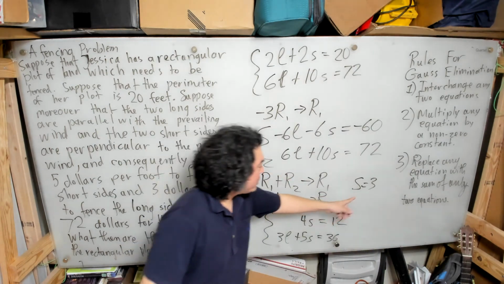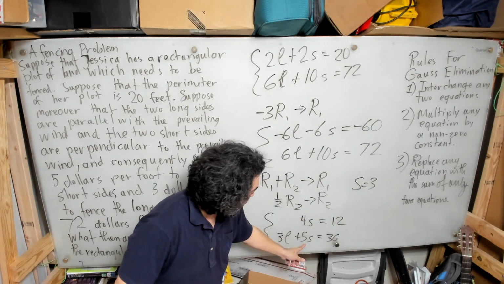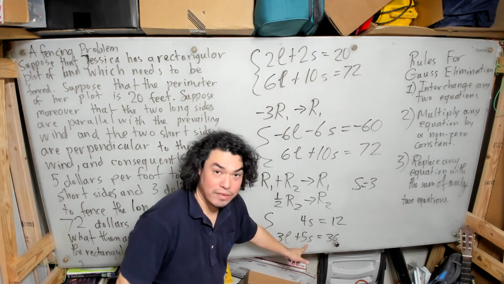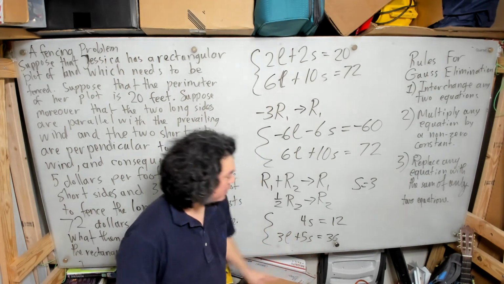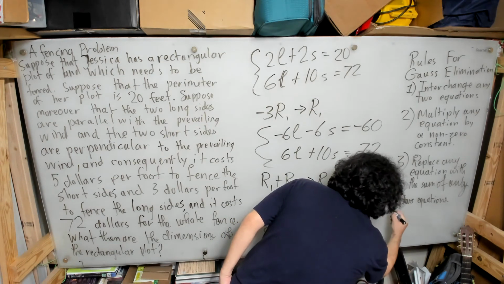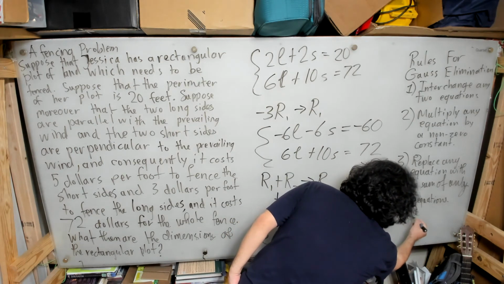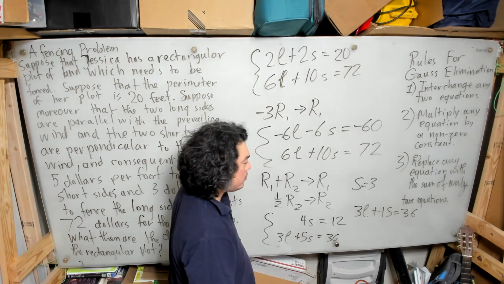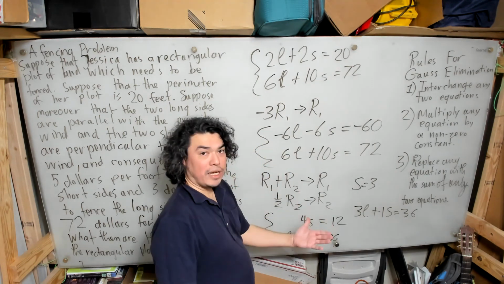And then I can use that value in this second equation. 3L plus 5 times 3, which is 15, equals 36. Let's rewrite that here: 3L plus 15 equals 36. So how am I going to get the L by itself here?